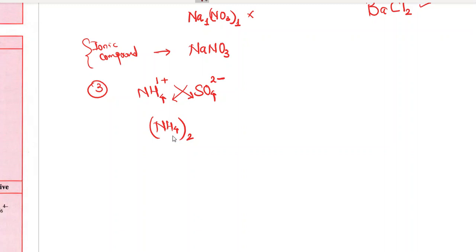To avoid the confusion, to write it clearly, we'll enclose it in the bracket and then put one more subscript of 2. So (NH4)2SO4, and the name is ammonium sulfate. Ammonium sulfate is an ionic compound.